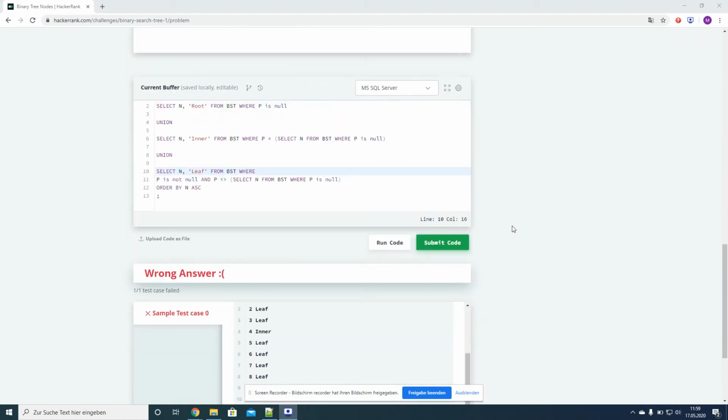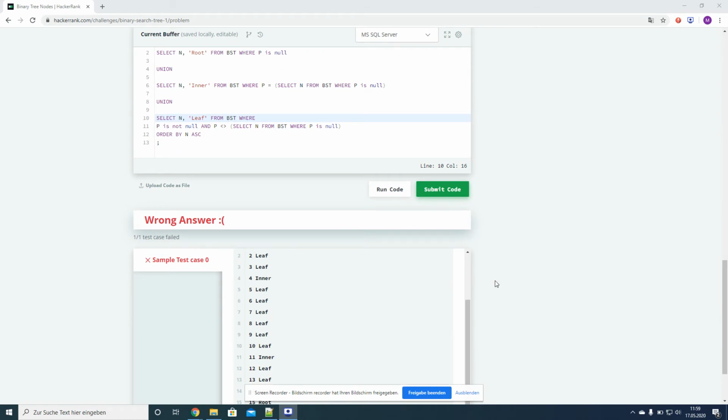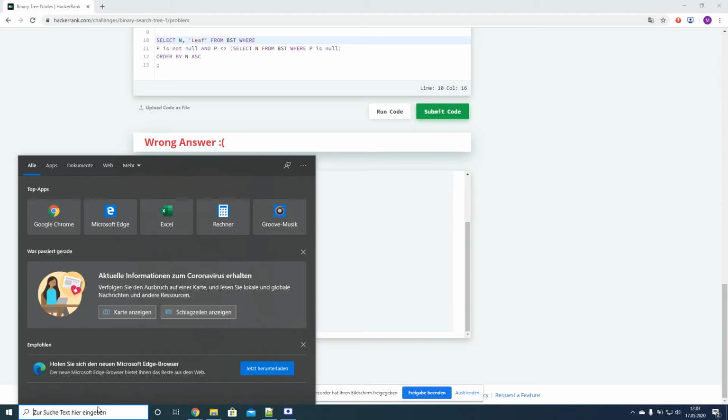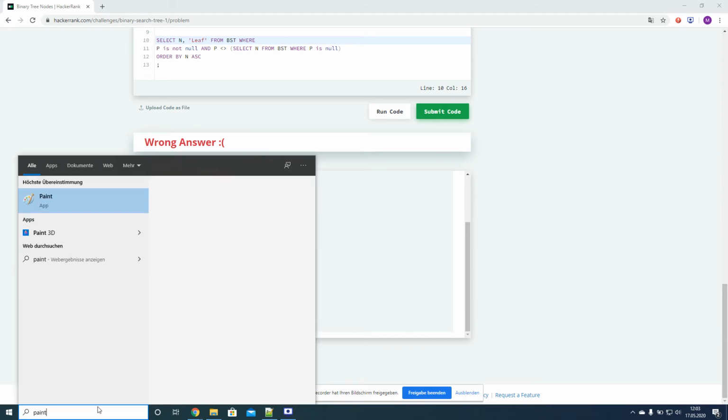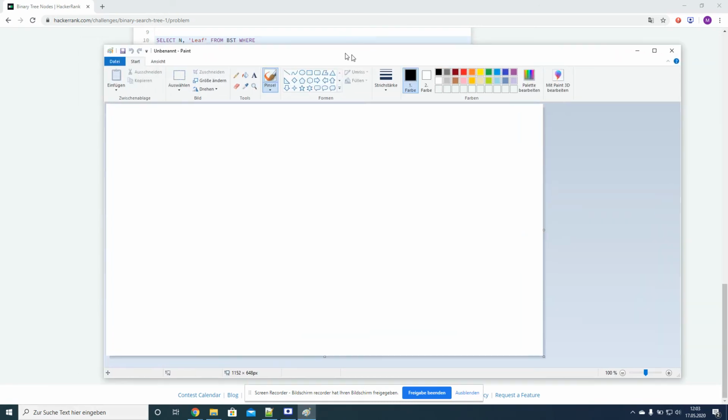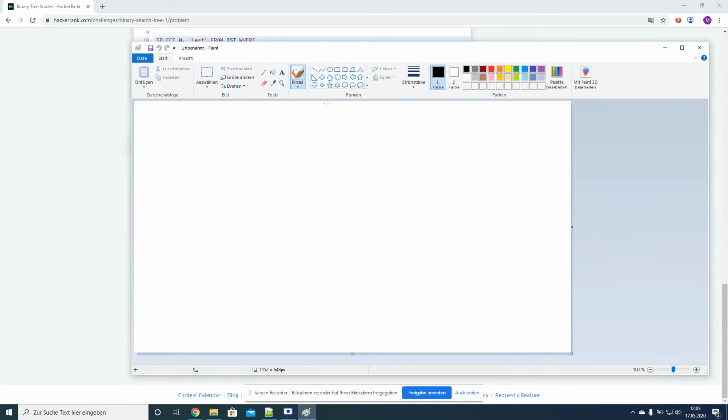So we have to make a picture of what we are actually looking at here. So let's try to make a picture so that we have a better understanding of this. We have 15 nodes. Here we're going to have node number 1. This is going to go into number 2.